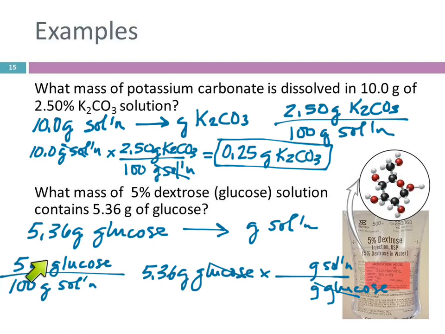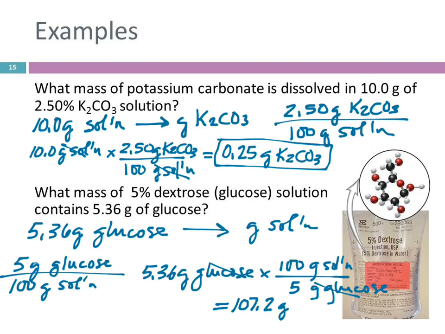So 5 is in front of glucose. So this time 5 goes on the bottom and 100 goes on the top. And so we've got 5.36 times 100 divided by 5. And the calculator says 107.2 grams of solution.